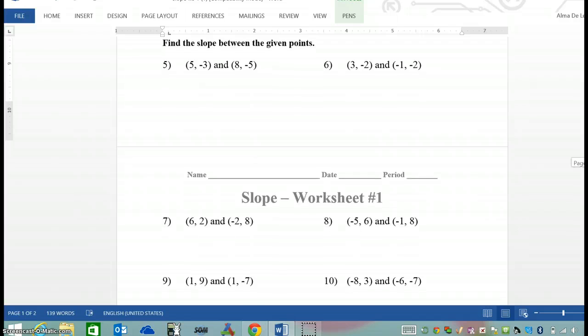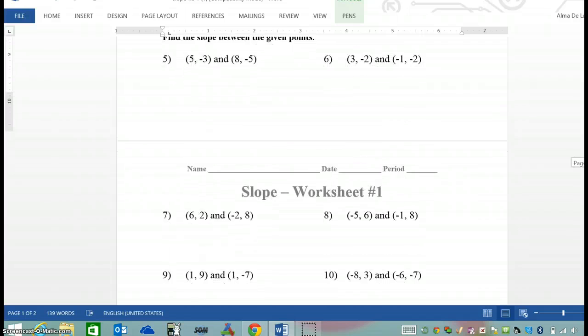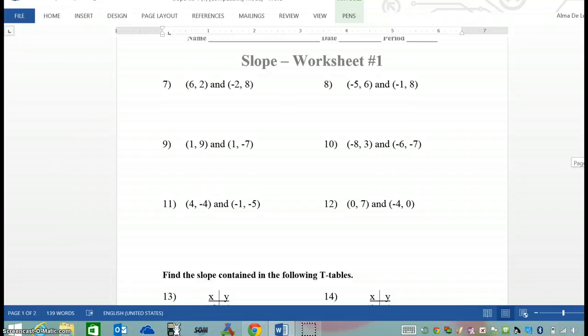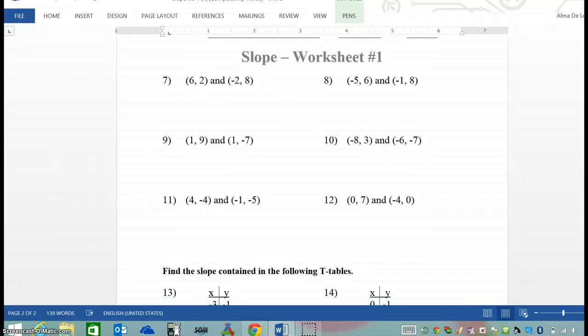Okay, let's do problem number 8. I'm given 2 points, and remember, you are welcome to use the formula that we looked at in class. But if you don't want to use that formula, that's fine. All you have to do is put your points on a table. So I'm going to create a table, x and y, and I'm going to begin by putting my points on that table.